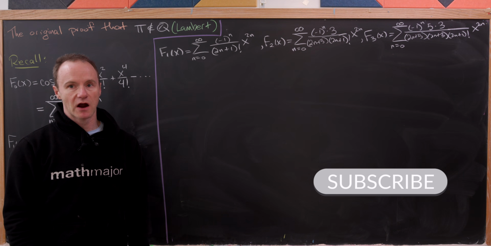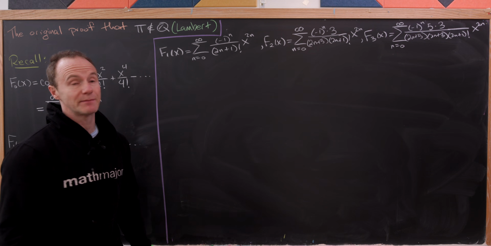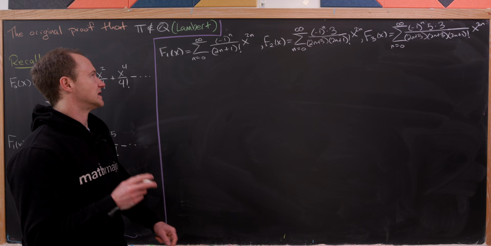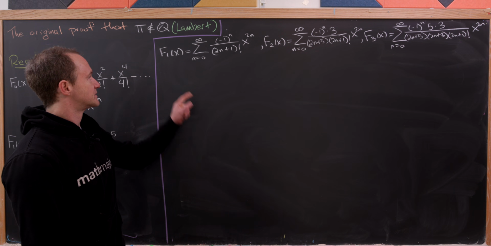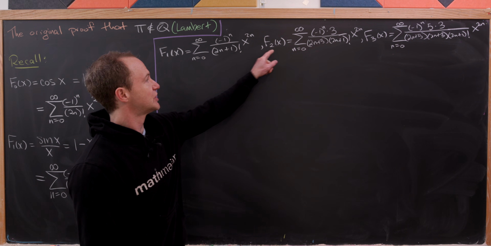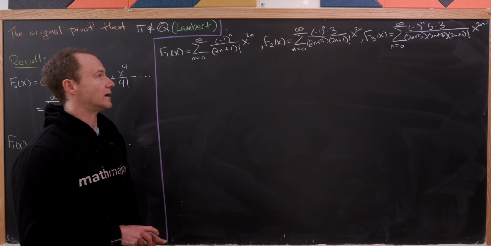Okay, so via our recursion, we were able to build this f sub 2 and f sub 3 power series using f1 and f0 as a seed. Now, I'd like to observe that f sub 2 has most of the parts the same as f sub 1.